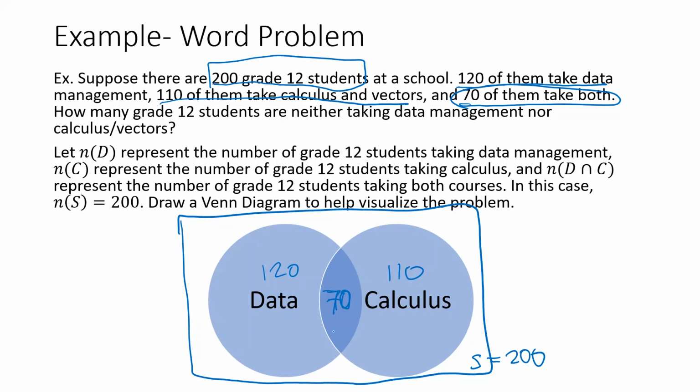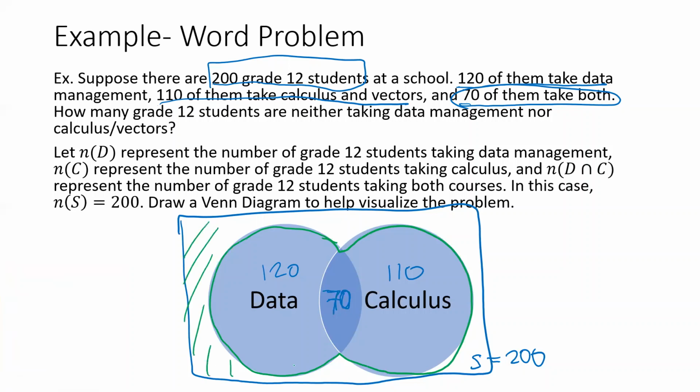We're going to use the additive principle to figure out what the union of the data management set and the calculus set will be. So this is our next step. We're going to find out how many elements, or how many students, are in this union, which is the green area right here. And then we're going to take that away from the 200 to find out how many students are taking neither, because this is really what we're trying to find.